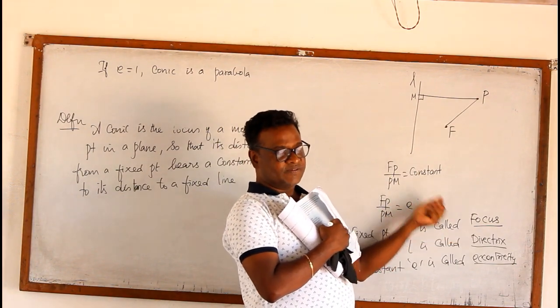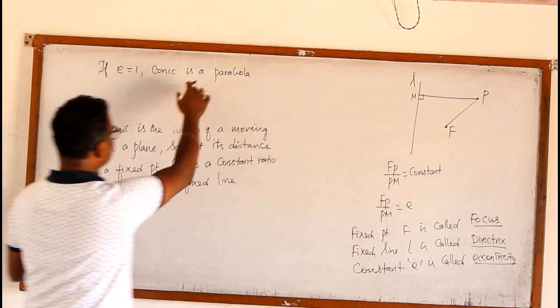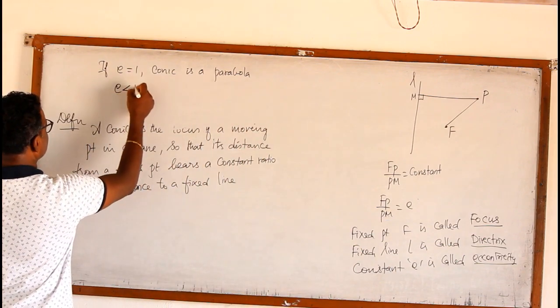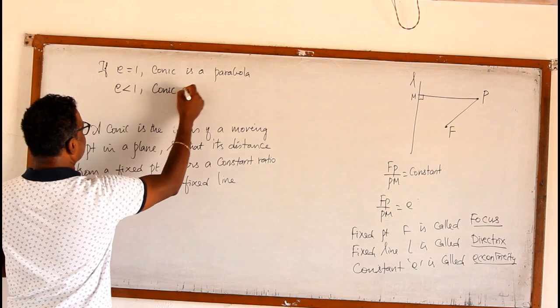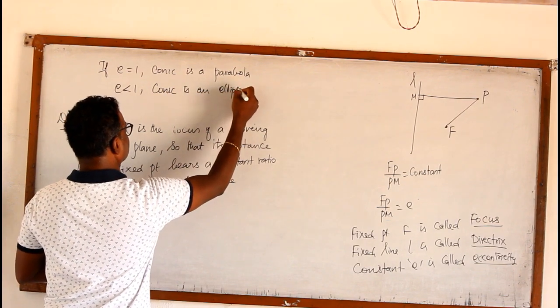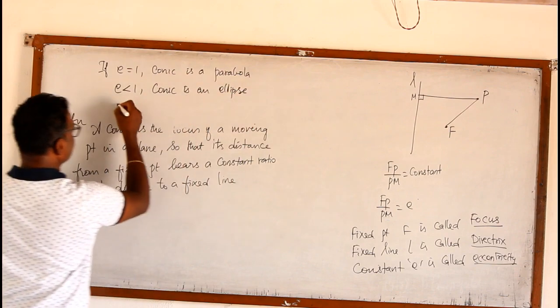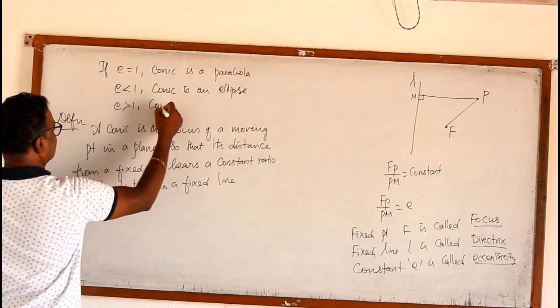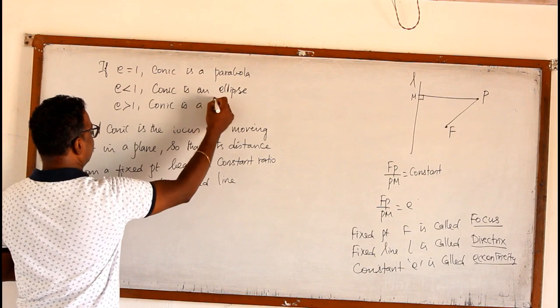In that, if E is 1, then the conic is a parabola. If E is less than 1, the conic is an ellipse. And if E is greater than 1, the conic is a hyperbola.